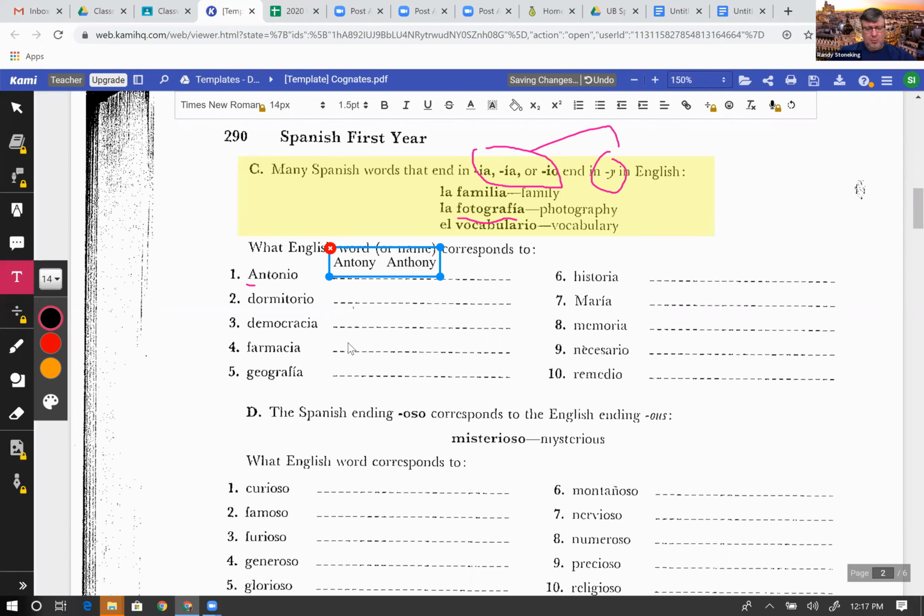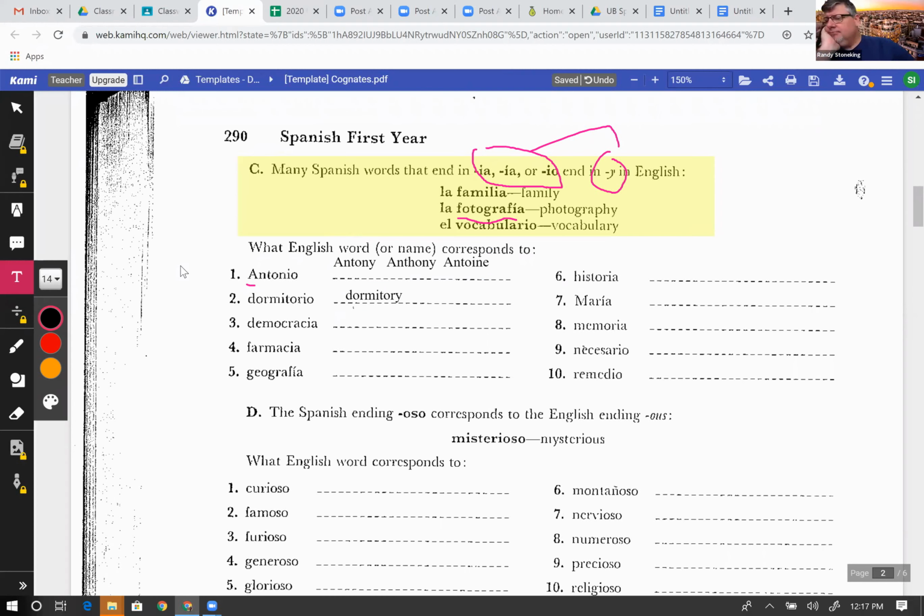You have probably seen or heard the name Antoine. Same kind of thing. That's more of a French version, but they're all versions of the same name. In this case, it's a name, not a word, but we still have that IO pattern. About number two, dormitorio. If we change the IO to a Y, again, dormitory, just like that, okay?